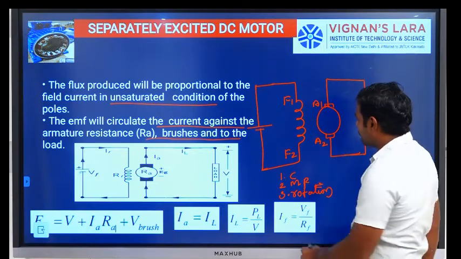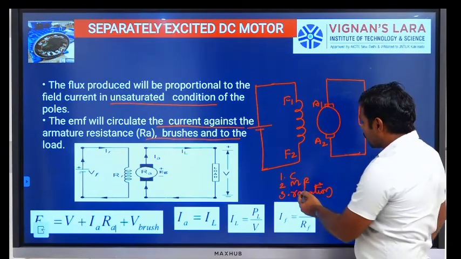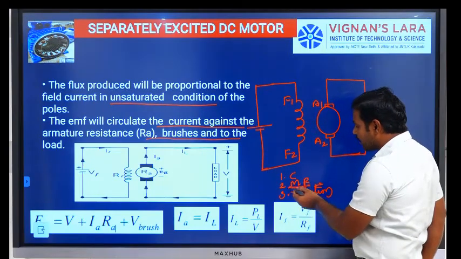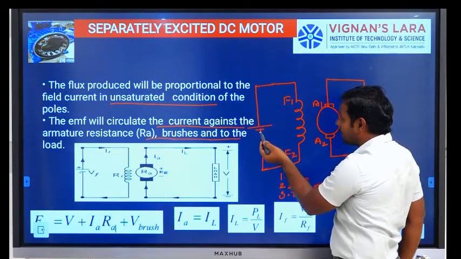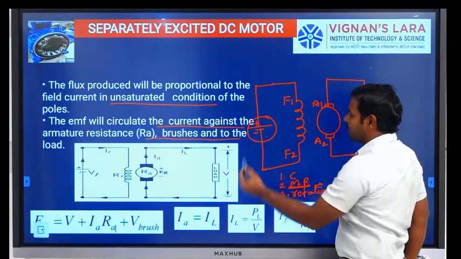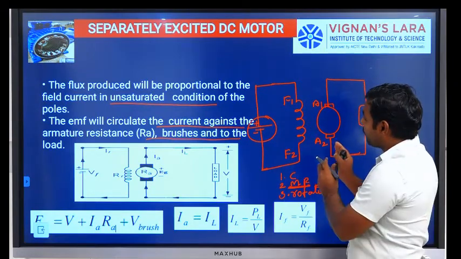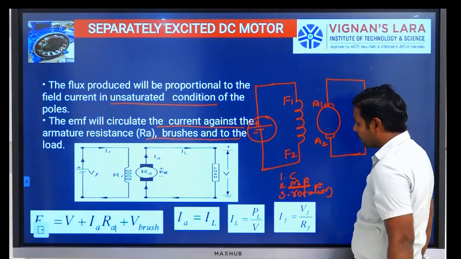The field winding is the conductor, and the magnetic field is produced by the field winding with the help of a DC supply that is independent, given directly to the field winding.